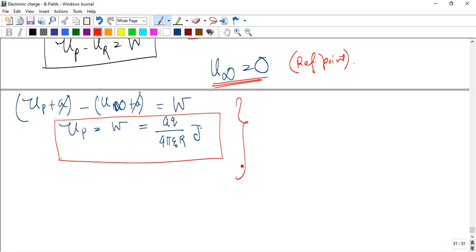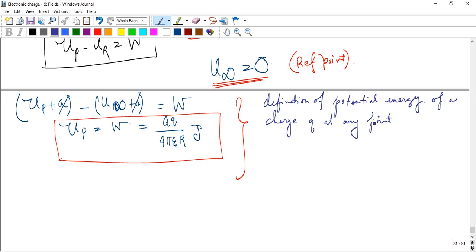So the definition of electrostatic potential energy, the definition of potential energy of a charge q at any point. Here q being a test charge.